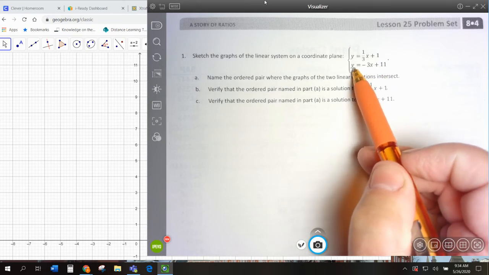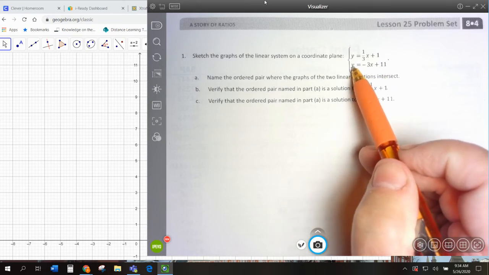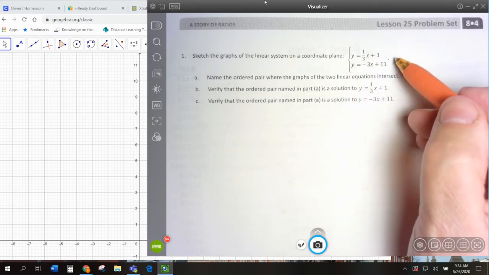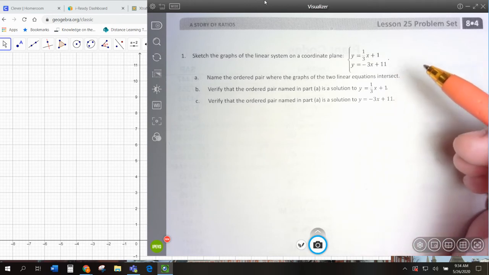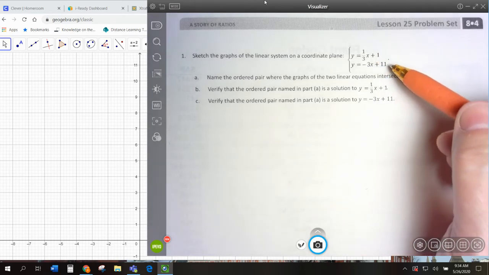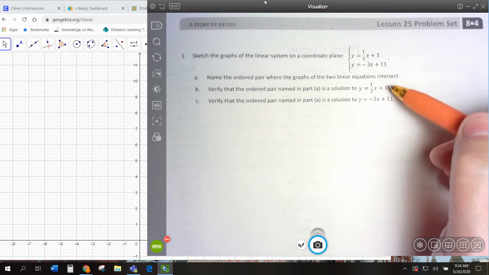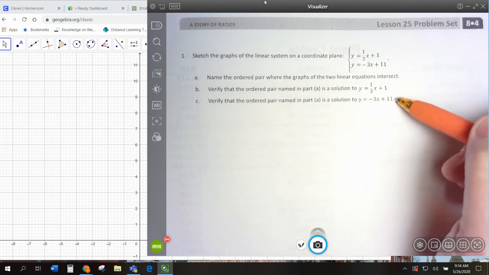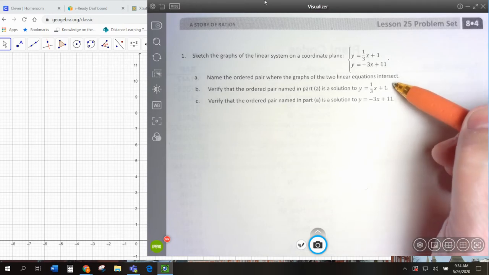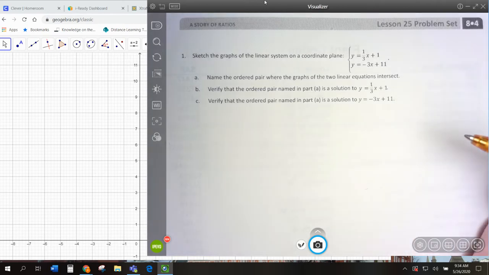They want to find a solution that will fit in both of these equations. So what we need to do is graph these and then figure out where they intersect. And then we're going to take that intersection and plug it into the first and second equation to prove that that ordered pair works for both equations.